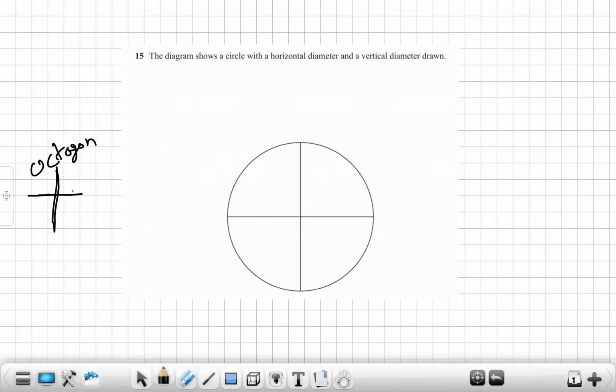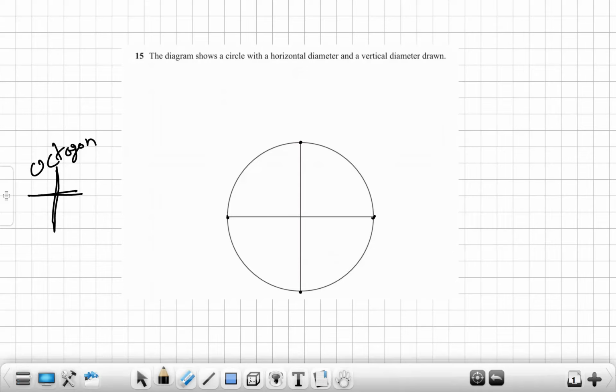So you need 2 diameters to be drawn, just like inscribing a square. Mister, it is already done for me. Look at that. They already gave me 4 touching points with the circumference. I'm going to use them. So they have saved me some time. Perfect. All right, but I need 4 more touching points. And they want a regular octagon.